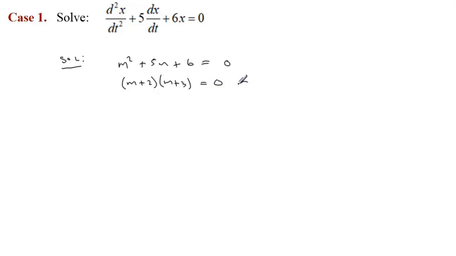And solving, this is simple, giving us m equal to minus 2 or m equal to minus 3. Then from there, we build our general solution, xg of t, because this is a function dependent on t, which is equal to c e to the power minus 3t, plus c1 e to the power minus 2t.